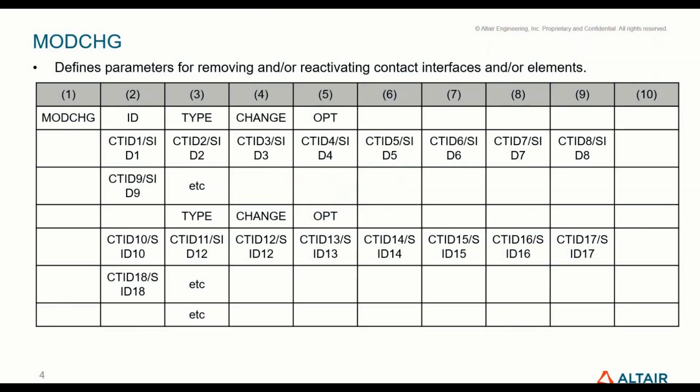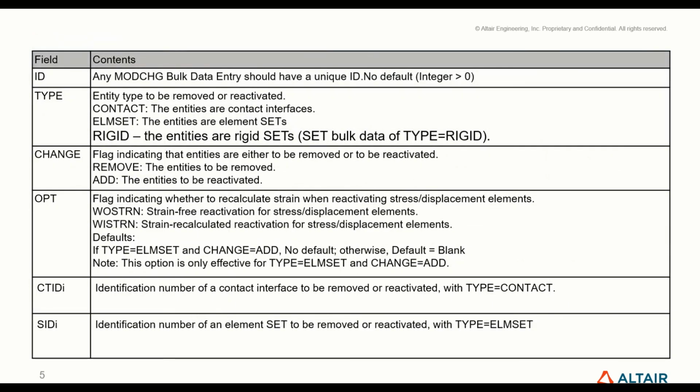It defines parameters for removing or reactivating contact interference or elements. In the model change, it has an ID, then we have the type, then a change option, and also options for with strain or without strain, etc. For the type, we have three types.